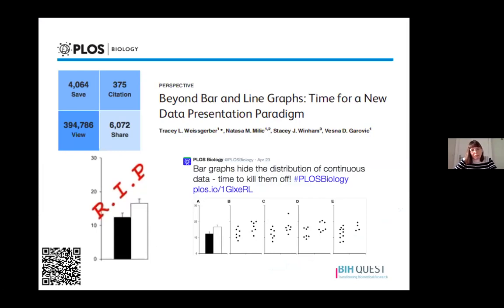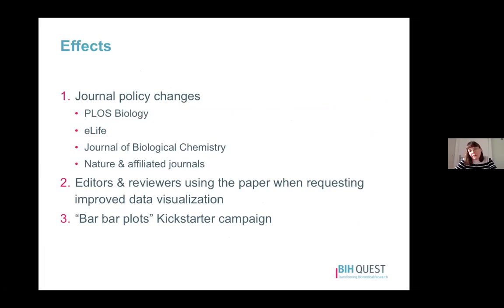We published it in PLOS Biology, and it looks in detail at the problems with using bar and line graphs to show continuous data. This paper was viewed more than 100,000 times in the first month that it was published. It also contributed to policy changes in a number of journals, such as PLOS Biology, eLife, and the Journal of Biological Chemistry.